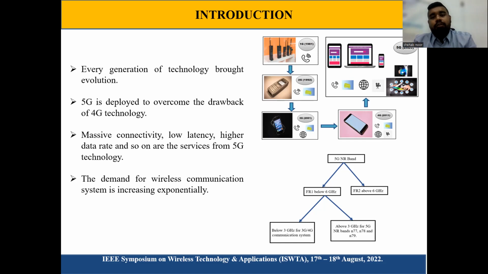The major focus of MMTC is to connect a massive number of devices under one network. And the third one is URLLC, ultra reliable low latency communication. It focuses on latency being less than a millisecond. This is extremely important for delay sensitive applications such as autonomous vehicles, where the reaction time is very important.